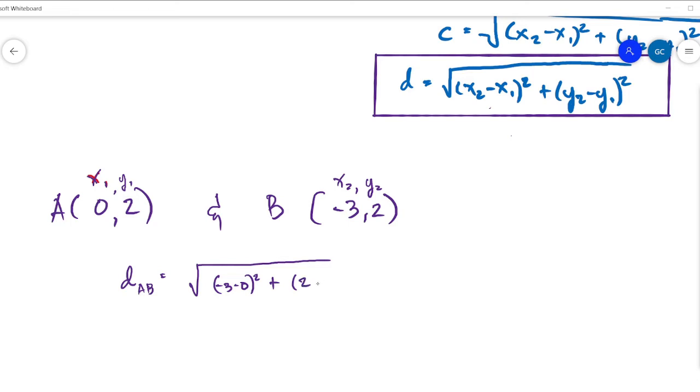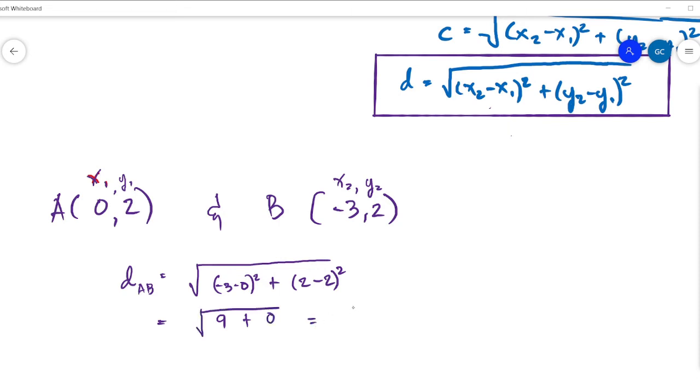2 minus 2 squared. So solving that, this will be negative 3 squared. Negative 3 times negative 3 will be 9, plus 2 minus 2, that will be 0, and 0 squared will be 0.